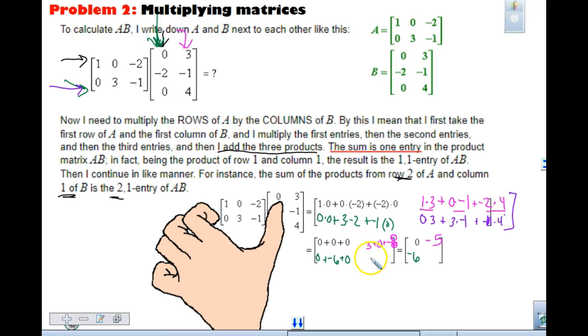If I was looking at that, I have 0 minus 3, and I should have a minus 4. And this comes out as a negative 7.